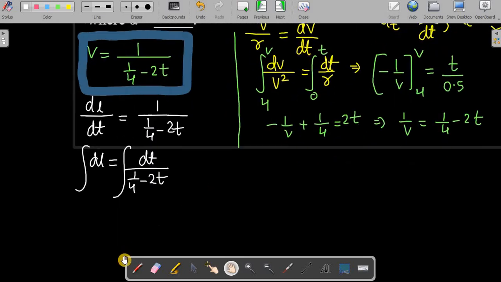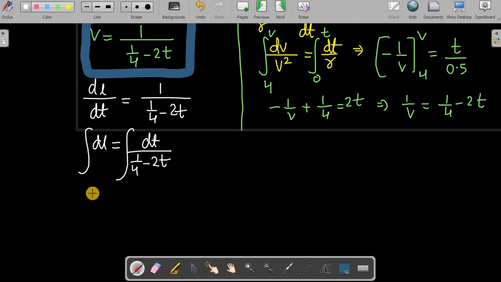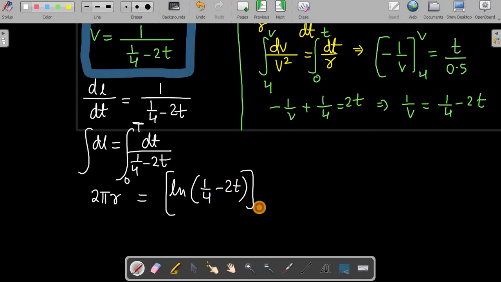So what do we get? dl means the total length of a circle, which is 2 pi r, for one revolution, and time goes from 0 to the time period here. So this will become ln of 1 by 4 minus 2t, and you need to substitute the initial and final limits. So finally from here you have to solve.